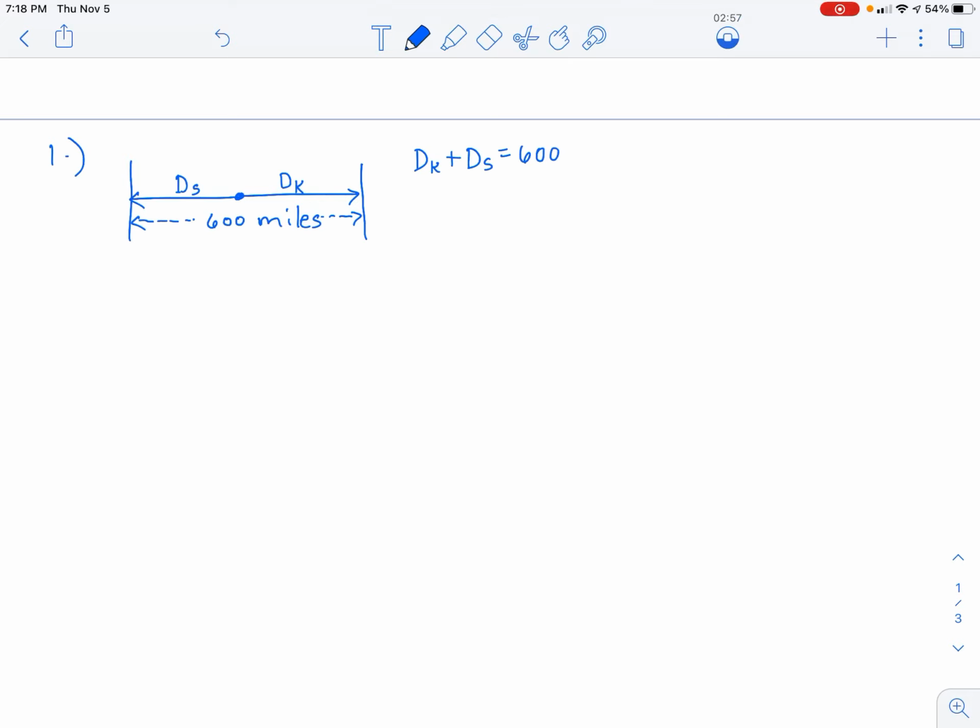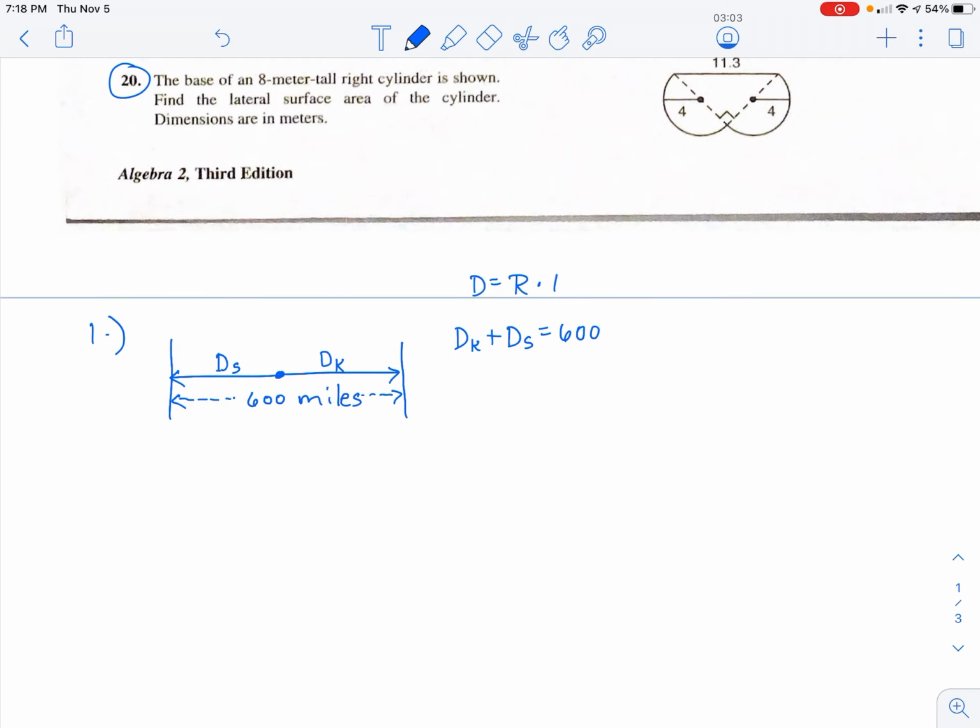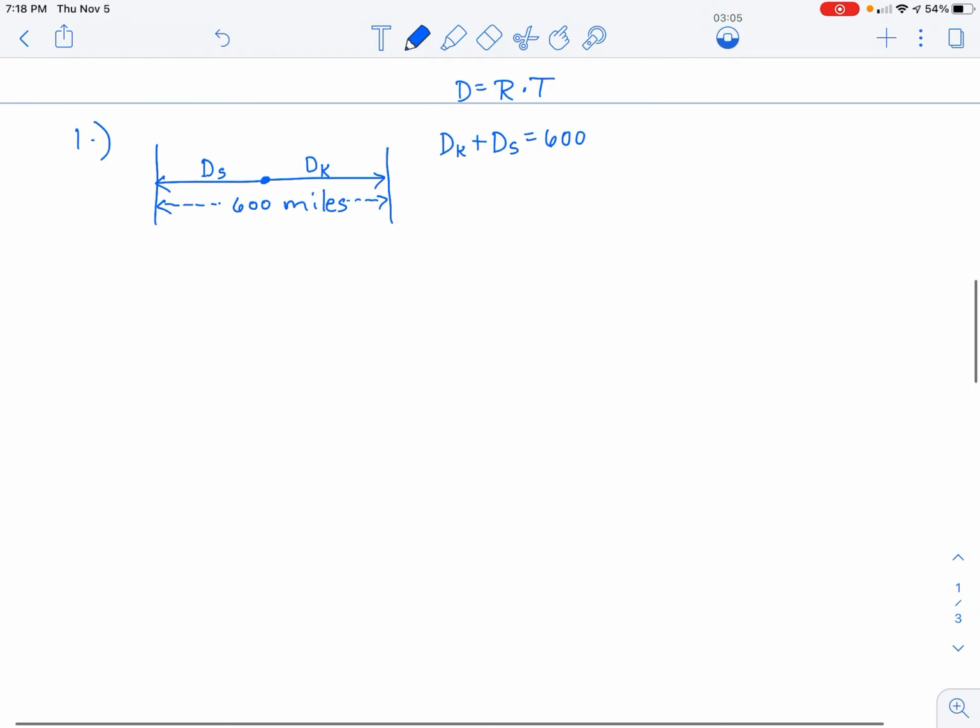Remember, distance always equals rate times time. So I can actually re-express the distance of each one of these girls by saying the rate of Karen times the time of Karen would equal the distance of Karen, plus, we're going to do the same thing for the sister.